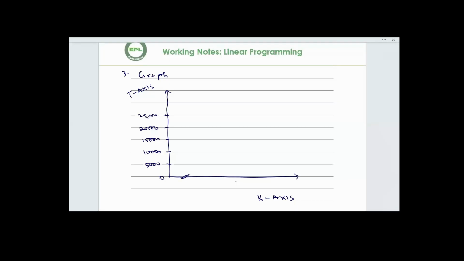The same thing applies to the K axis. Okay, this is 5,000, 10,000. Sir, why are we using T and K axis instead of A and B axis? It's A and B, sir.